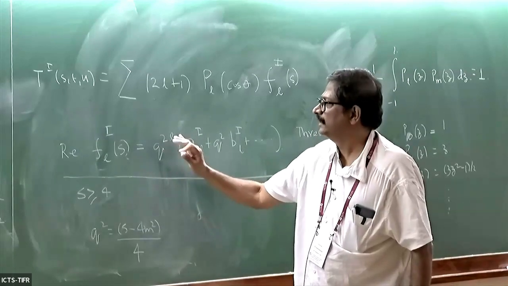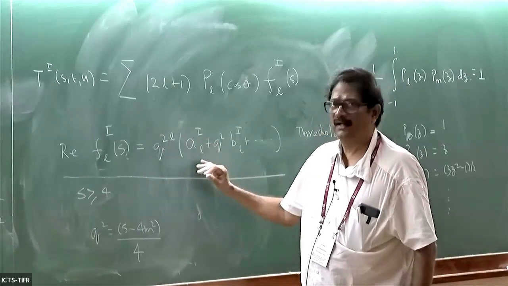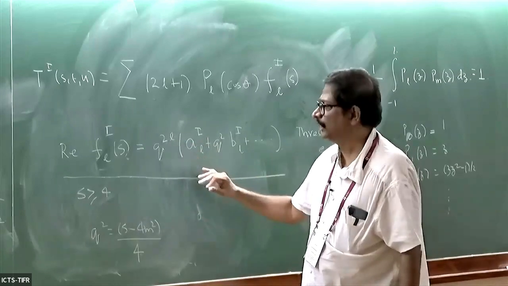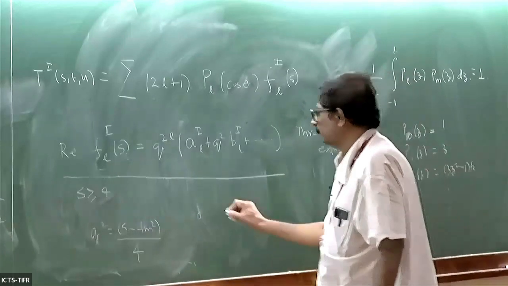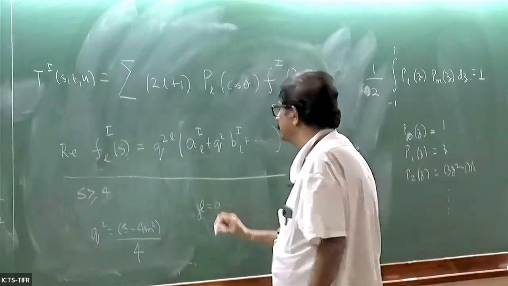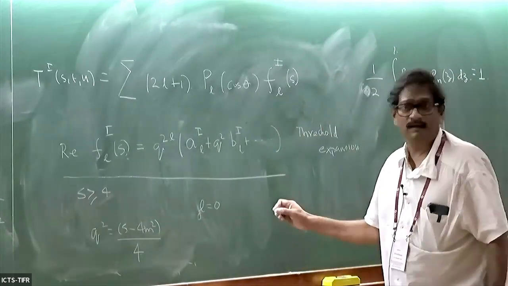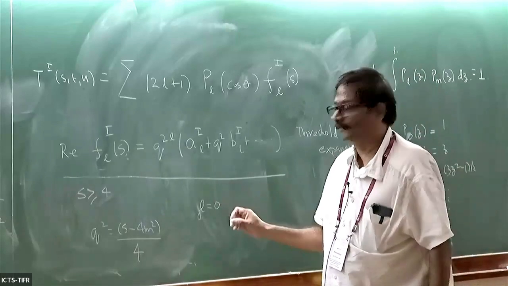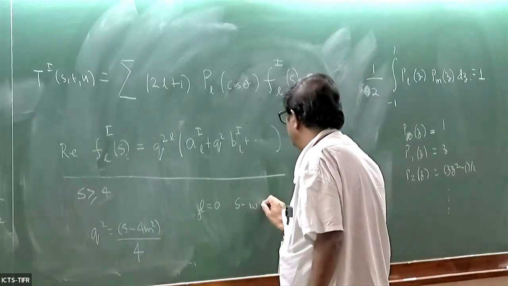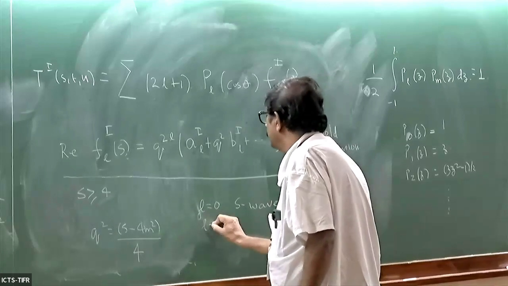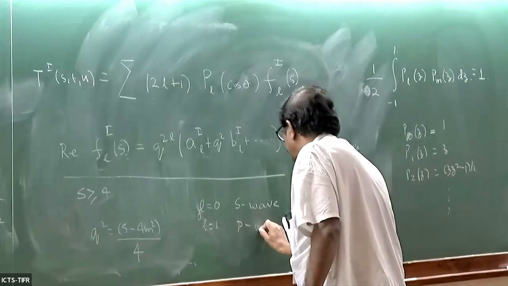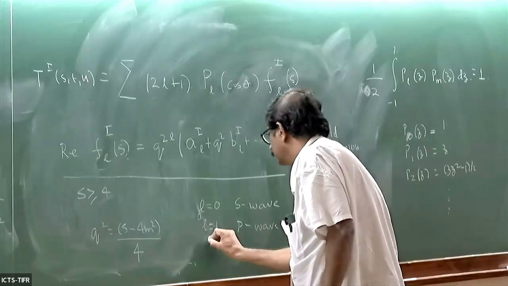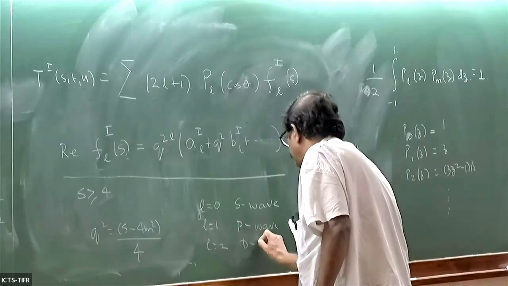It's only L equals 0 and L equals 1 which are going to play an important role near the threshold, you see. So what is L equals 0 called? It has a name. S wave. L equals 1, P wave. L equals 2 is called the D wave, etc.